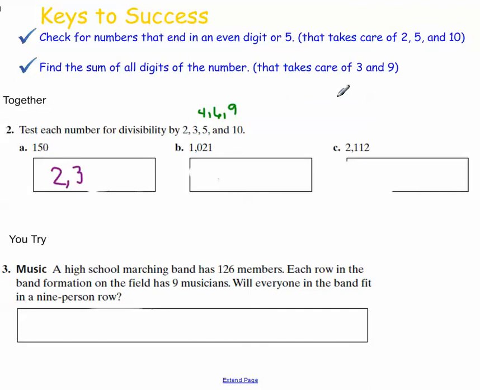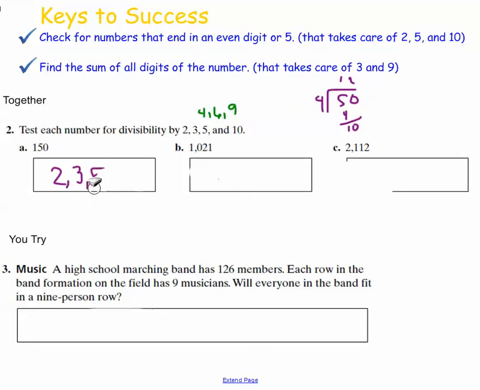We'd have to check real fast, is 50 divisible by 4? And that's going to be no, so 4 is out.